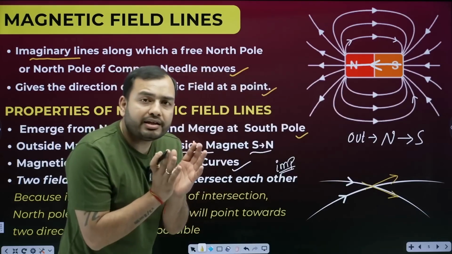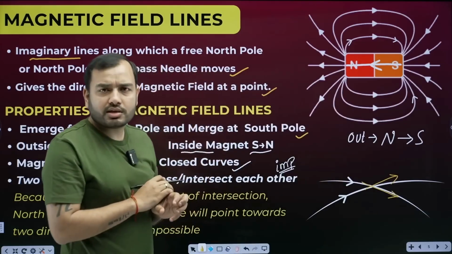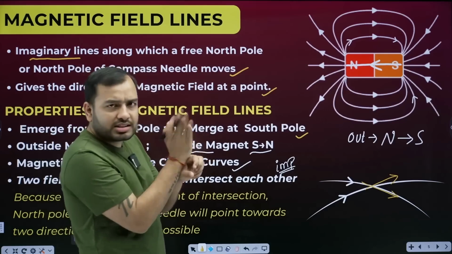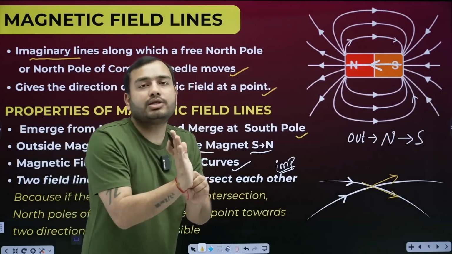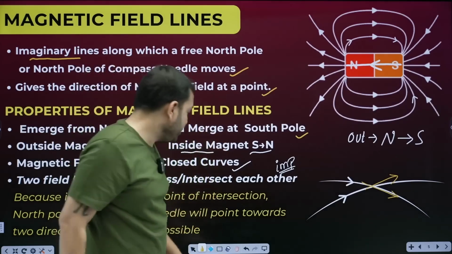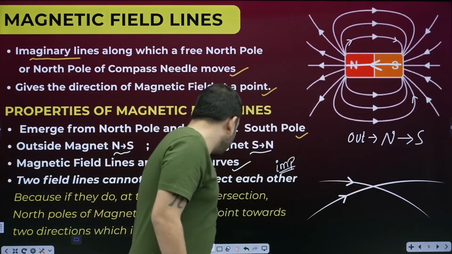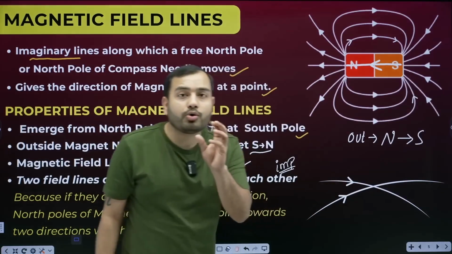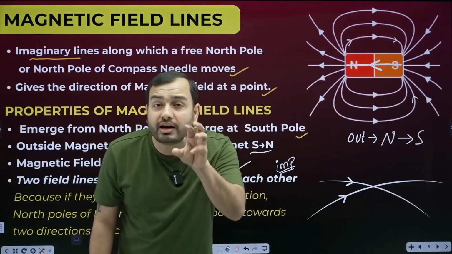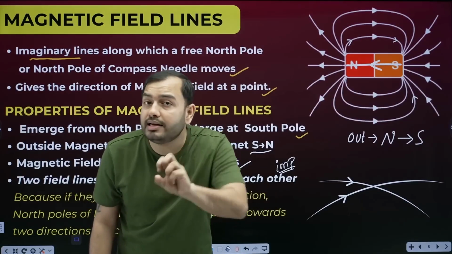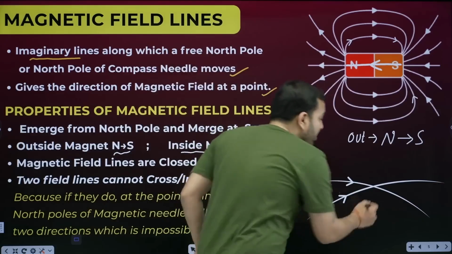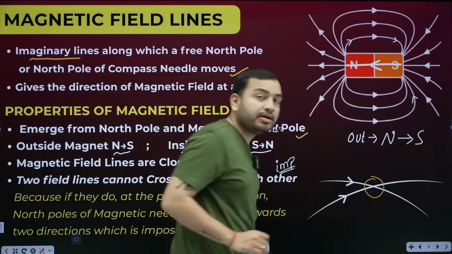Now how can the compass needle go in two directions? It goes in only one direction. By the concept of field lines, to draw a field line you place a compass there, and wherever the north of the compass points, that is the direction of the field line. If I place a compass here, the compass will go mad.